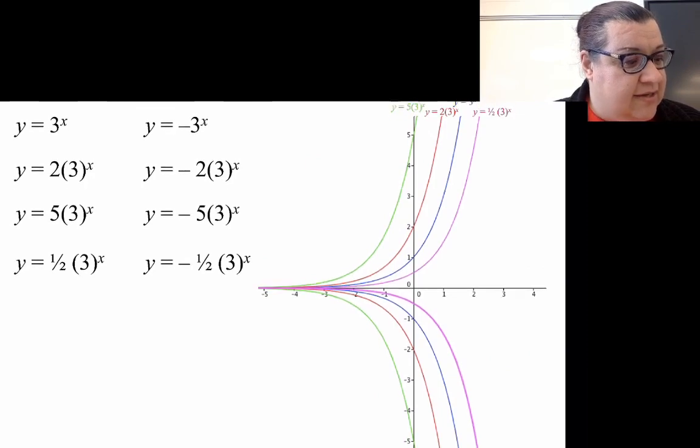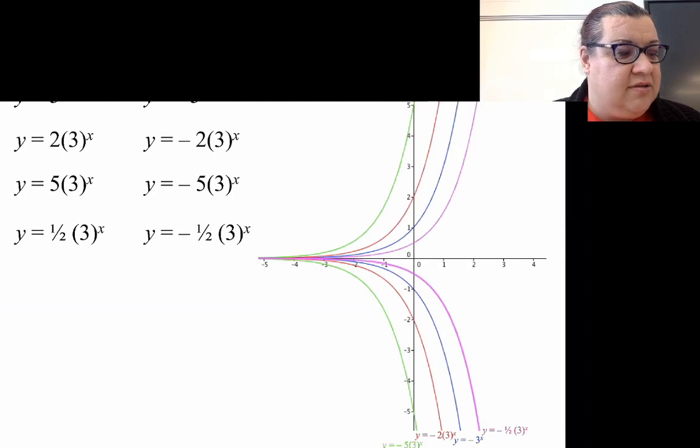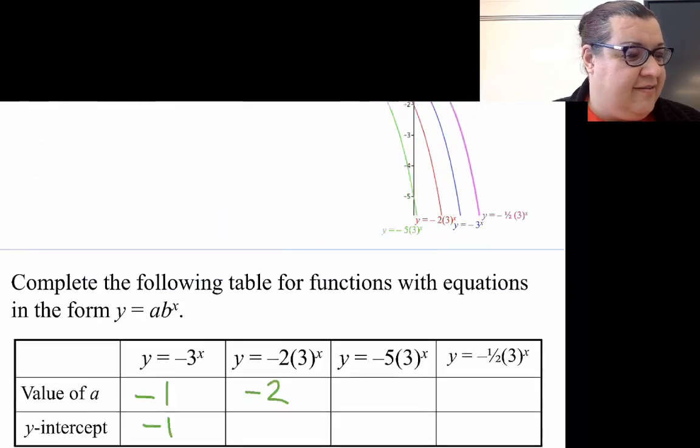It was negative 1. Oh, isn't that interesting? Look, they're the exact same. What was the value of a when we have y is equal to negative 2 times 3 to the x? Well, it's negative 2. And again, what's the y-intercept? Oh, again, it's negative 2. It's the same. I think we've got a pattern.